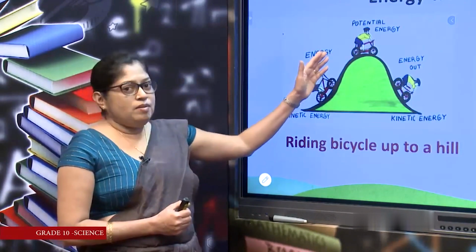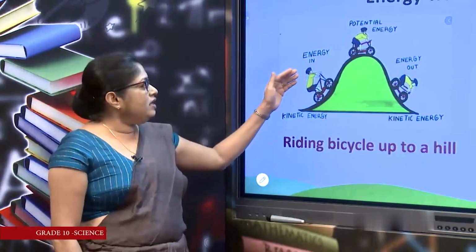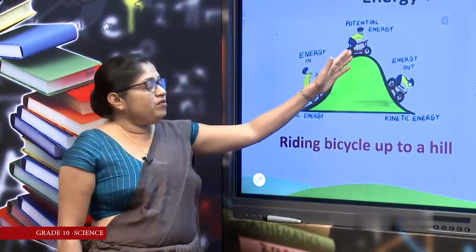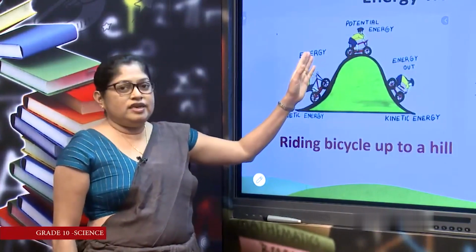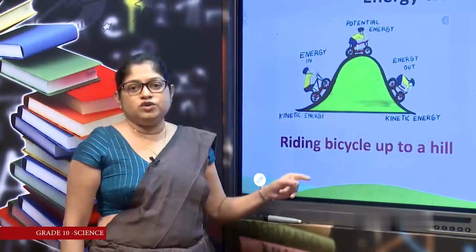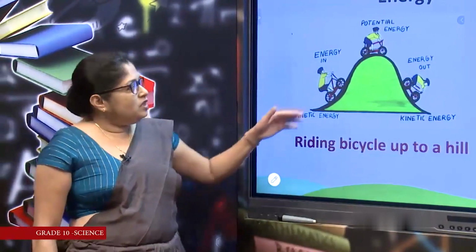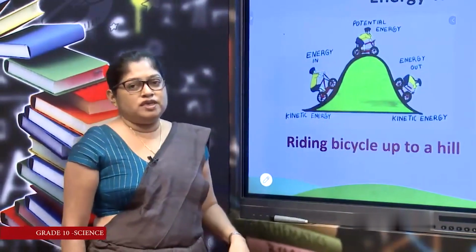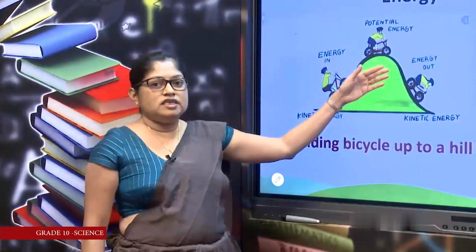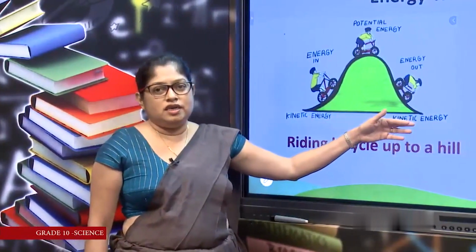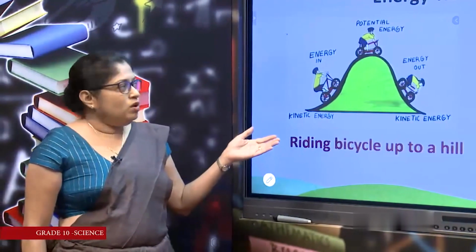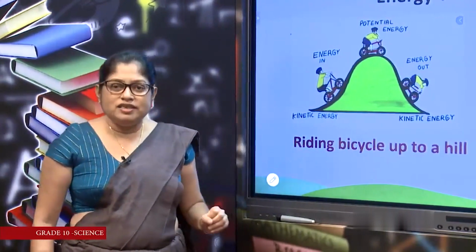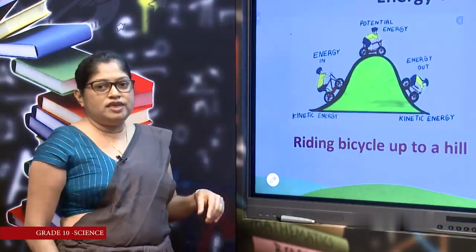When he climbs up the mountain, kinetic energy gradually decreases and at the top of the mountain, all the kinetic energy he had is converted into potential energy. So, when he is riding down from the mountain, again the potential energy is converted into kinetic energy. So, this is how potential energy is converted into kinetic energy and kinetic energy is converted into potential energy.